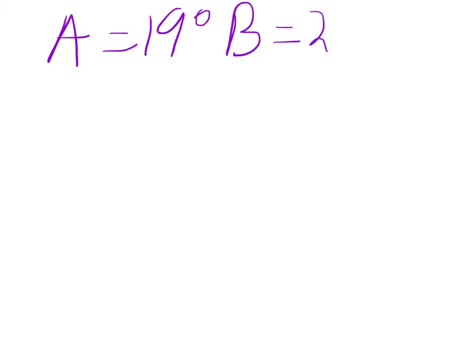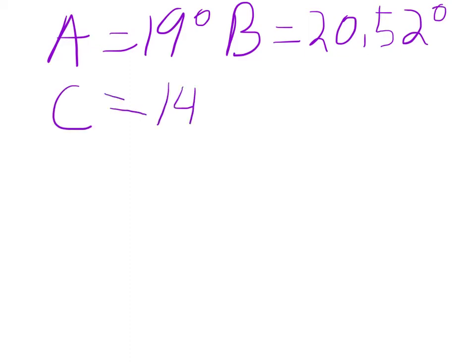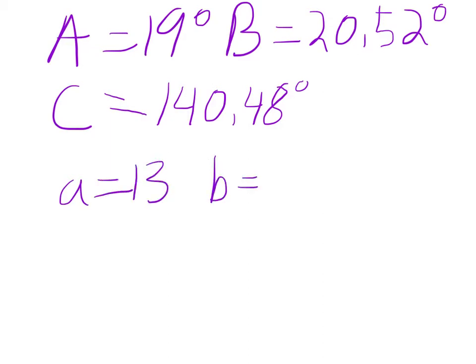And now you found your two triangles. First one being B equaling 20.52 degrees and C equaling 140.48 degrees, with A equals 13, b equals 14, and c equals 25.4.